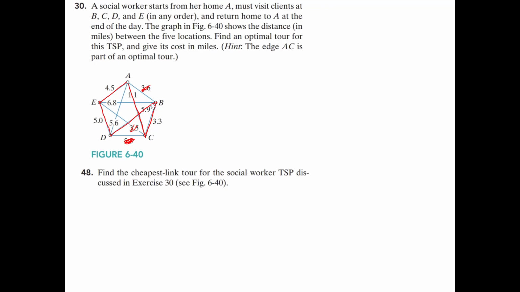Okay, so the cheapest link tour for the social worker TSP. A social worker starts from her home at A, and then she can go to C, then to B, then to D, then to E, and then she'll go back to A. A to C will be 1.1.